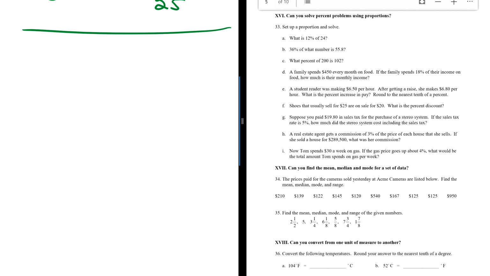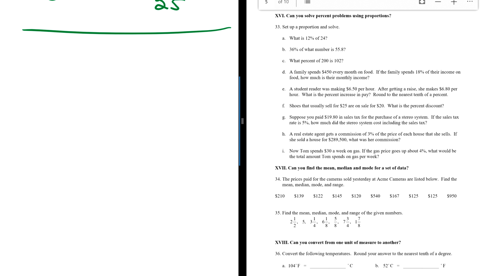Suppose you paid $19.80 in sales tax for the purchase of a stereo system. If the sales tax rate is 5%, how much did the stereo system cost, including the sales tax? All right, so let's see. We've got $19.80 in sales tax.